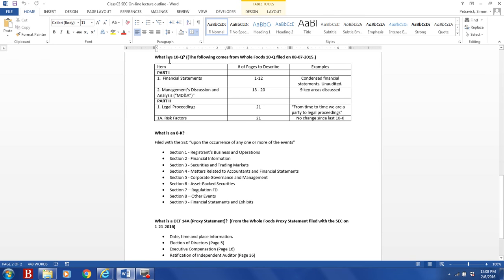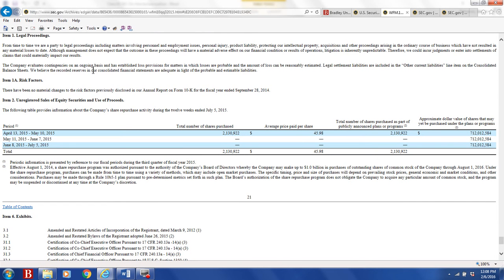And then the fourth area I'd like to mention is risk factors. That's this next section here in the 10Q. They say there has been no change in their risk factors since the annual report of September 28th, 2014, and so they just incorporate that by reference.